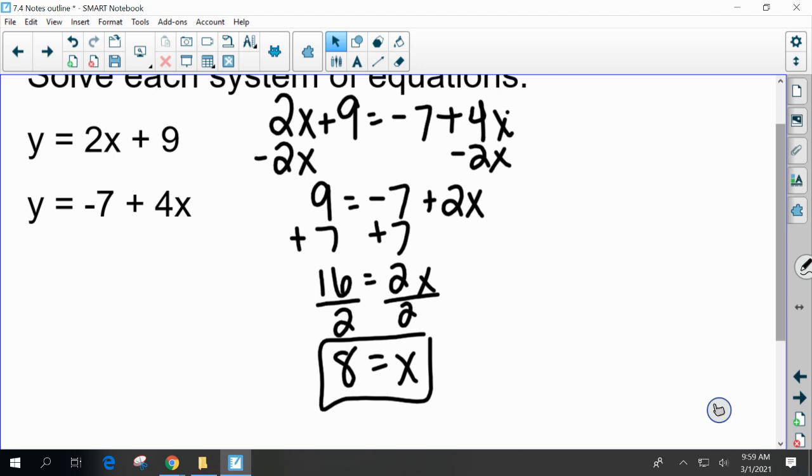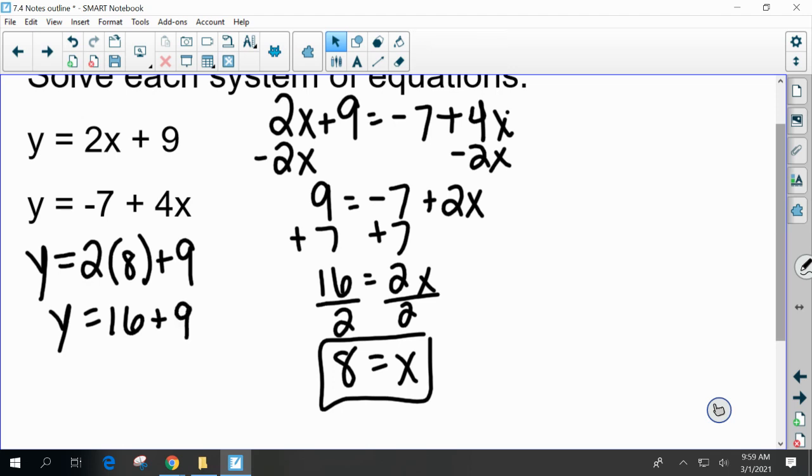Then I have to take that and plug it back in to either of these equations. If I use the top equation, I would have y equals 2 times 8 plus 9. So 16 plus 9 would be what? 25.